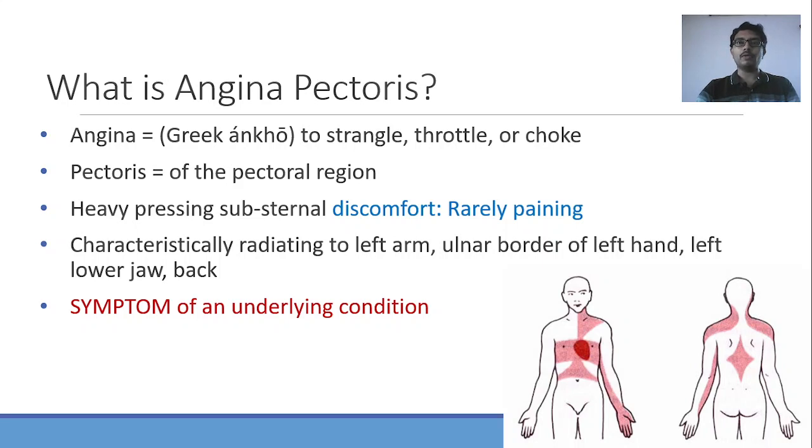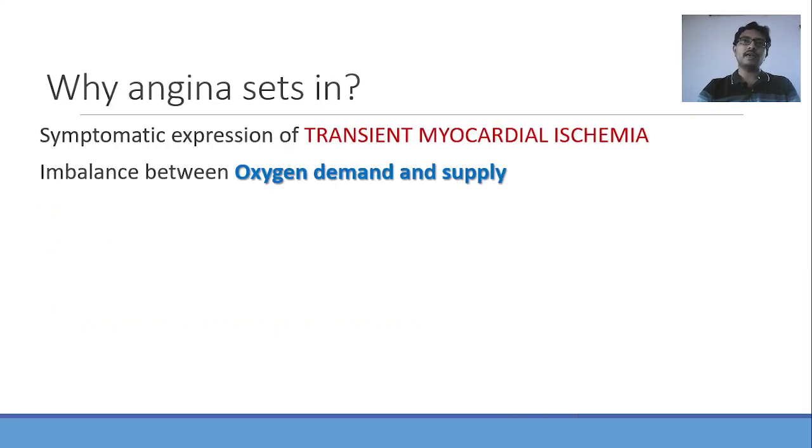Remember, angina pectoris is not a disease, it is a symptom. It is a symptomatic manifestation of some underlying condition. What underlying condition is there? Why does this angina develop? Angina develops as a symptomatic expression of myocardial ischemia.